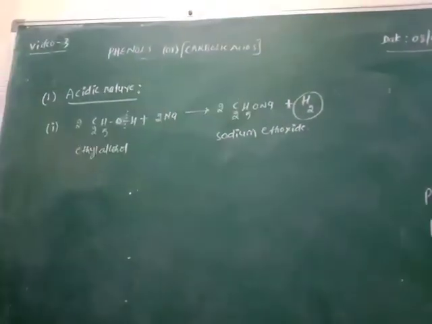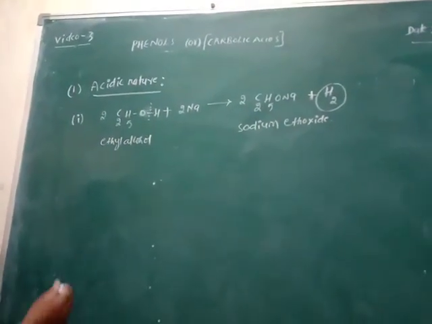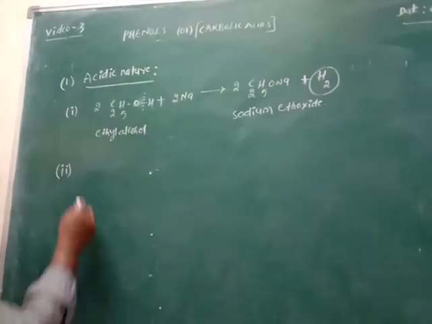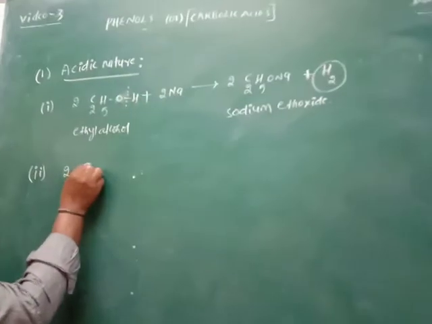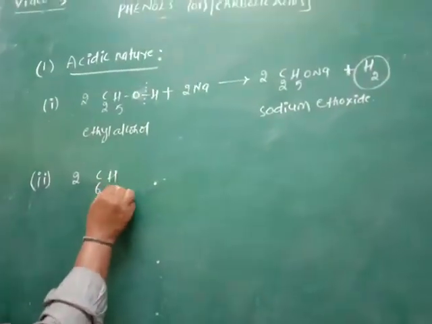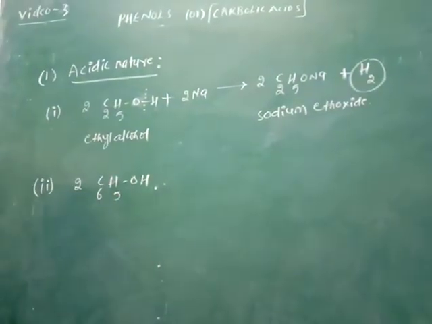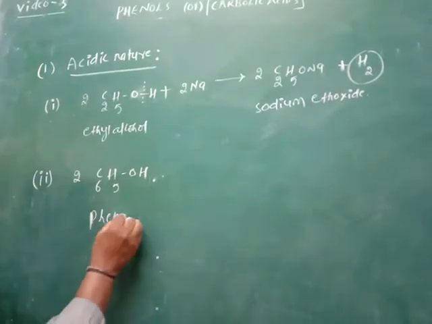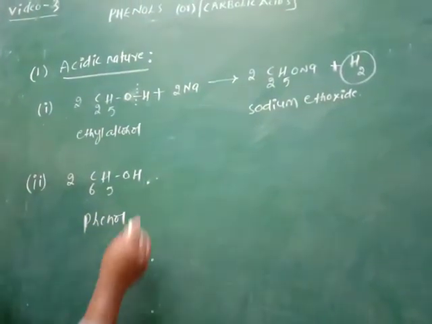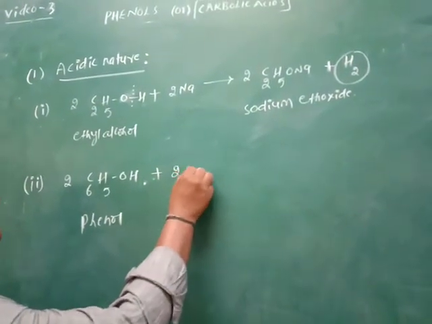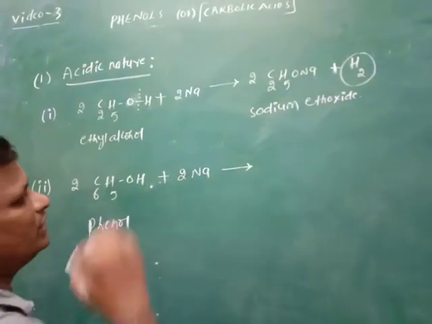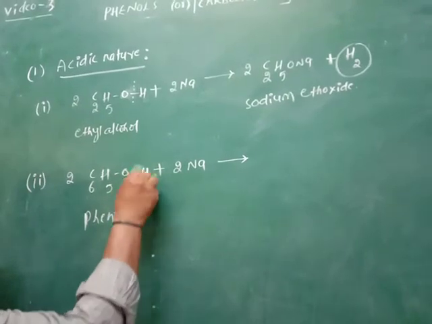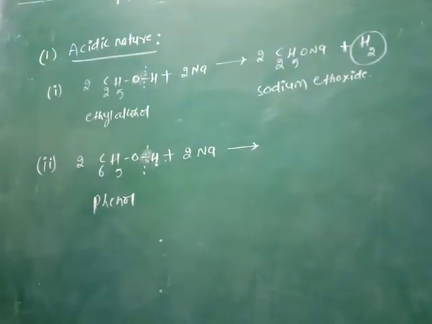Same as alcohols, phenols also react with active metals. Let us consider 2 moles of phenol, C6H5OH, treated with 2 moles of the active metal sodium. In this case also there is cleavage of the OH bond.